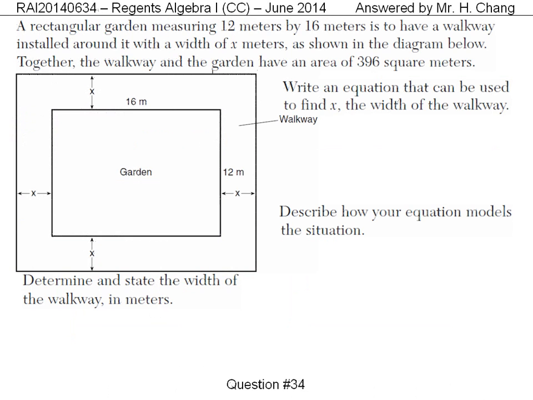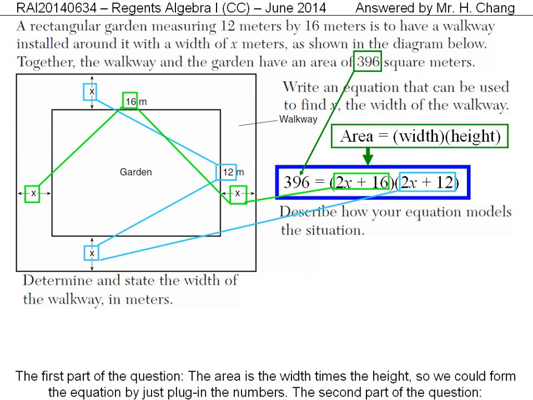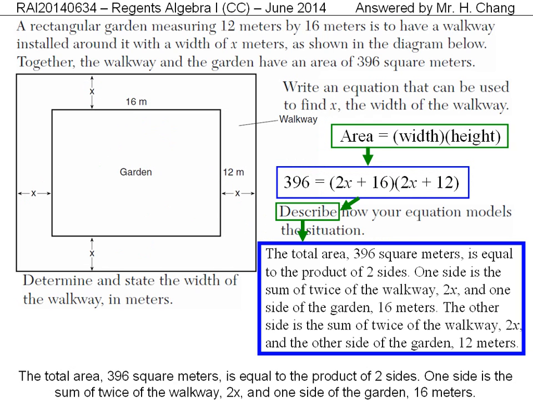Question number 34. The first part of the question. The area is the width times the height, so we could form the equation by just plugging in the numbers. The second part of the question. The total area, 396 square meters, is equal to the product of 2 sides.